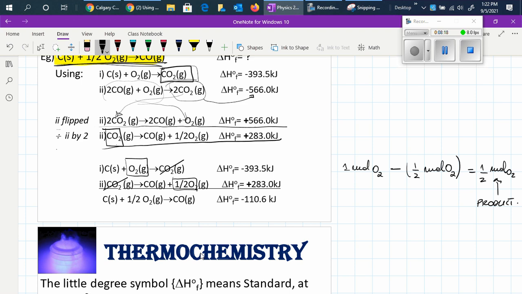And then by simply adding negative 393.5 and positive 283 kilojoules, we have a change of enthalpy of formation of negative 110.6.